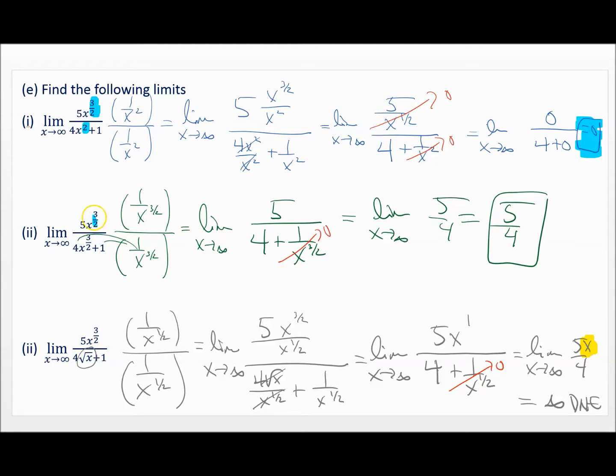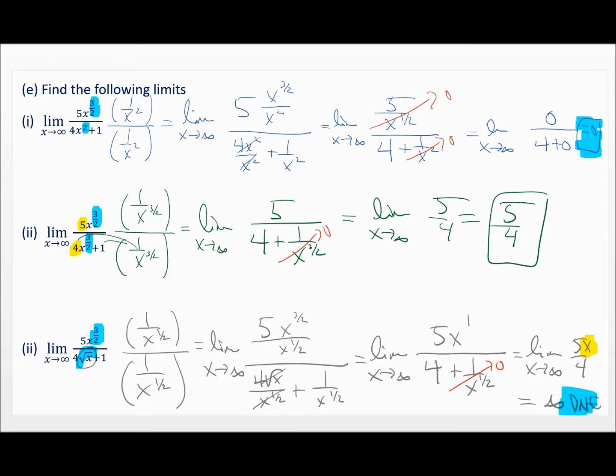When the degree of the numerator was the same as the degree of the denominator, it was always y equals leading coefficient over leading coefficient, 5/4. And finally, when the degree of the numerator was larger, 3/2, than the degree of the denominator, which is 1/2, by the way, because of the square root, then there is no horizontal asymptote.